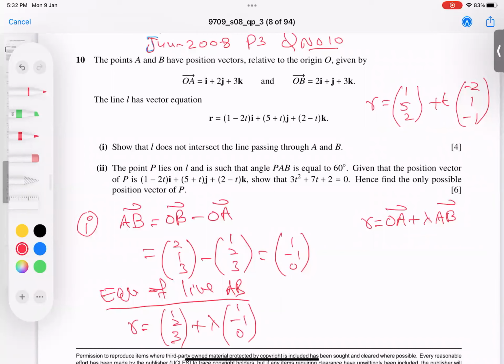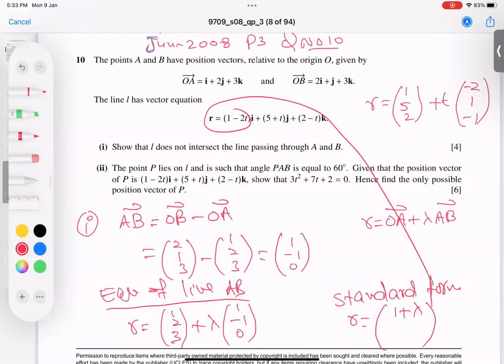If I convert to standard form, what will I get? All of you know how to convert it. Lambda multiplied inside and then we add, 1 from here and plus lambda from here. This 1 plus lambda is called standard form.